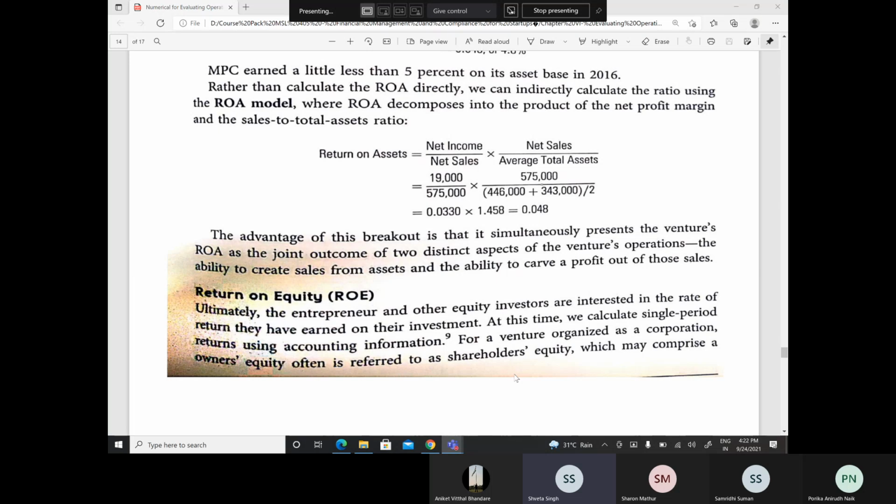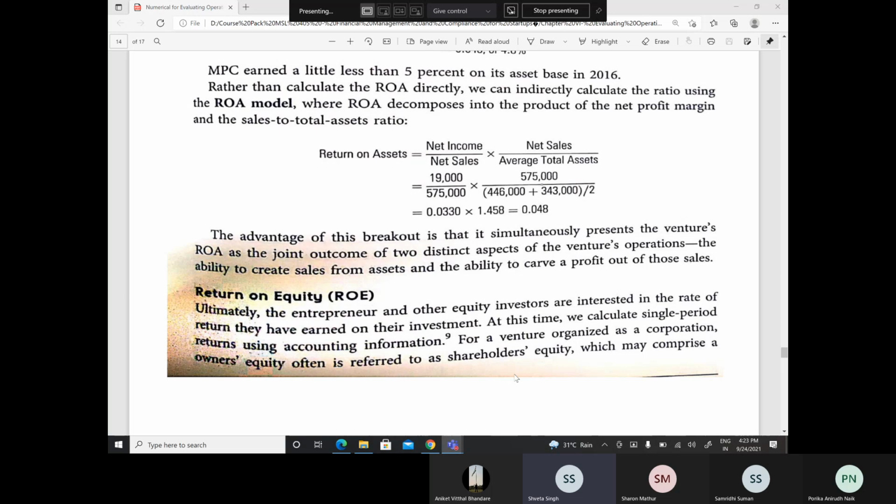It was first used by them, and after that it has become very popular along the finance discipline as well as the strategy discipline. This is basically ROA split into two ratios. One is net income upon net sales, which is the net profit margin, times net sales upon average total assets, which is basically the asset turnover ratio.